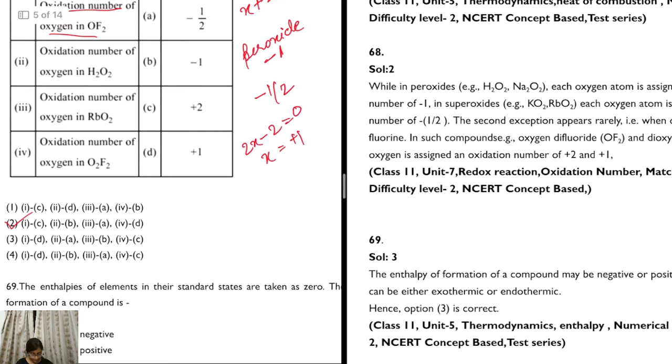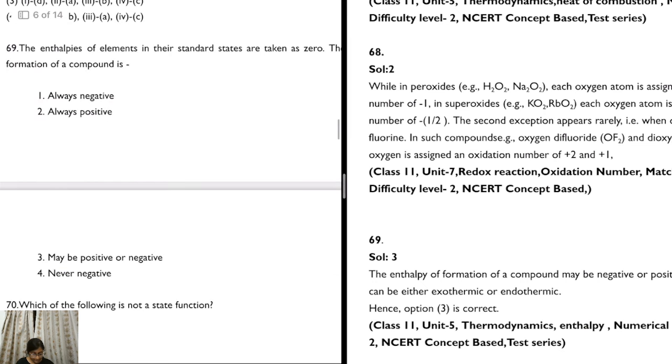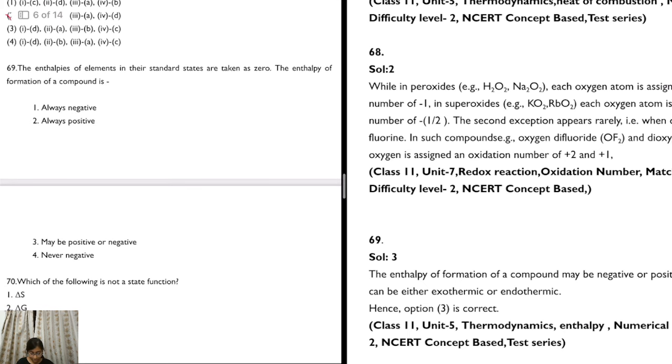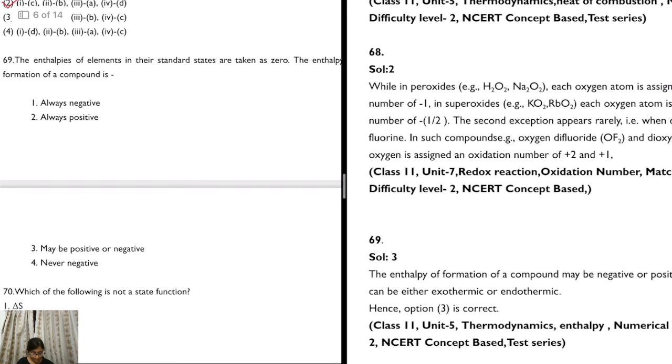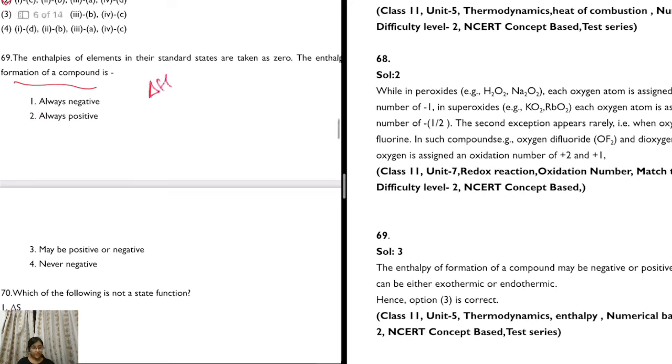Now the next question. The enthalpies of elements in their standard states are taken as 0. The enthalpy of formation of a compound is, see, enthalpy of formation of a compound, that is delta H. Now it will depend on whether the reaction is exothermic or endothermic.